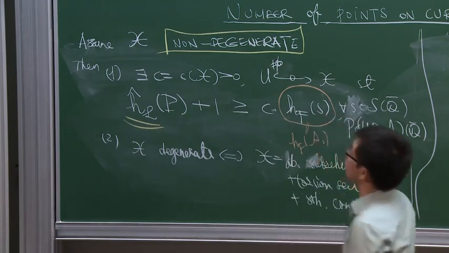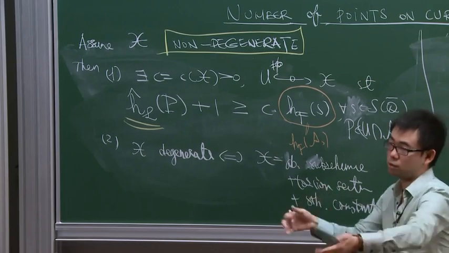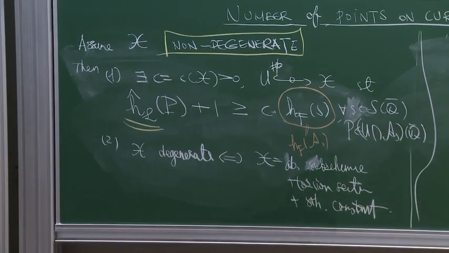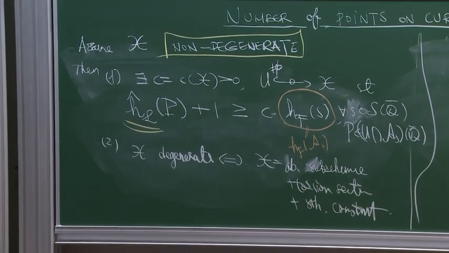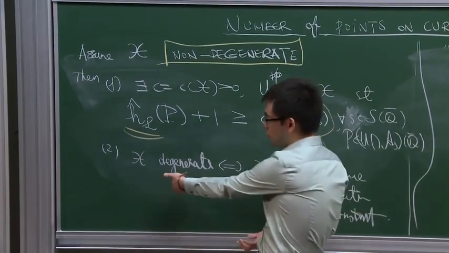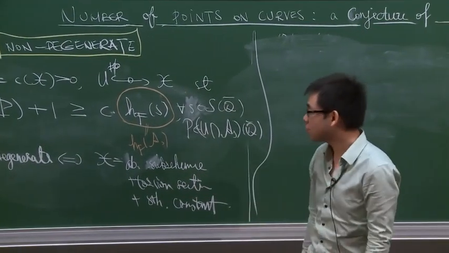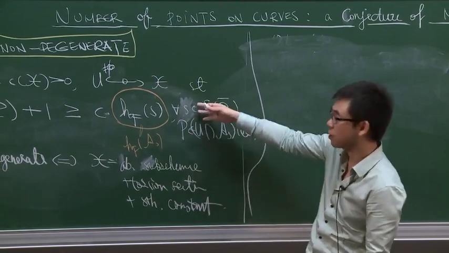This means that the abelian scheme may have a constant part, an isotrivial part, and the other part of X is just a trivial product up to a finite covering. So in practice we can often check this condition to determine whether X is degenerate or not, and if it's not, then we can apply this.